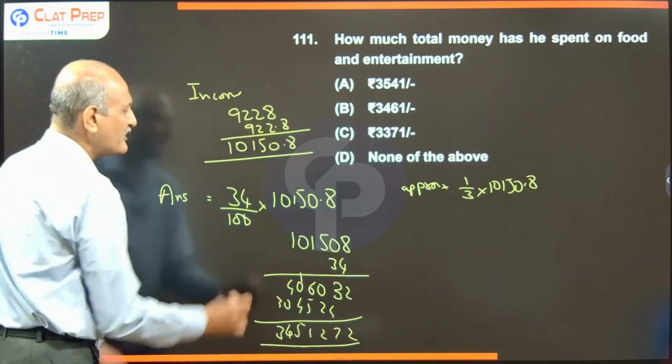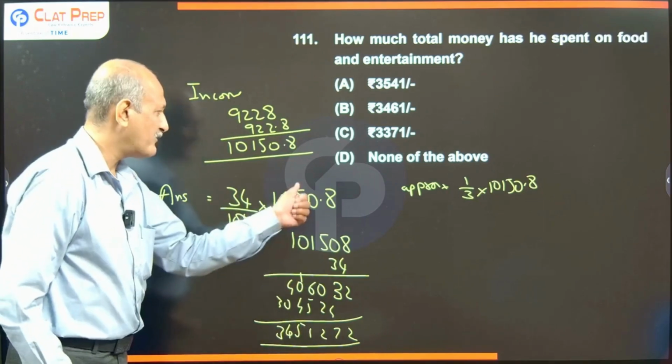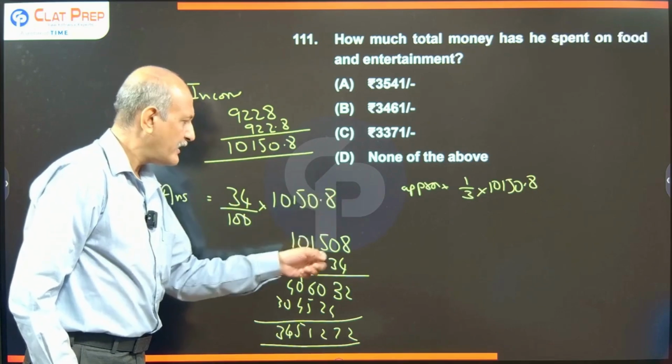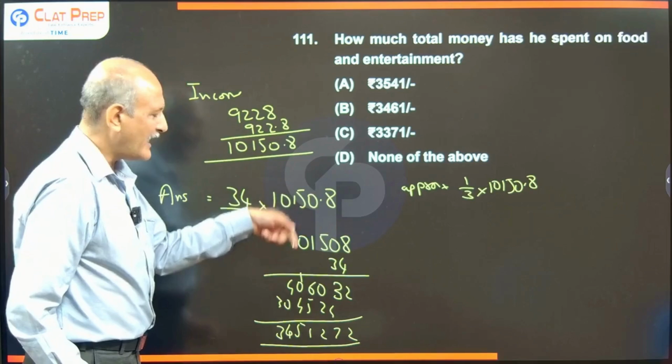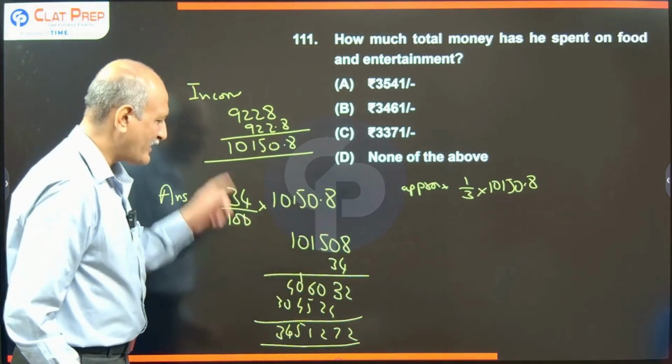Remember, this number we are supposed to divide by 1000. I have chosen to take this one as 10150.8. So hence this is a decimal point. If I am removing it, I'll get a 10 in the denominator here. So in the denominator it is 10 into 100, which is 1000.